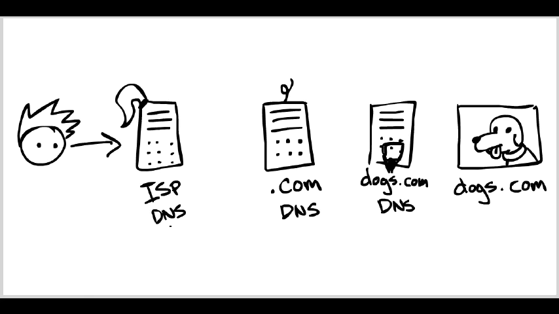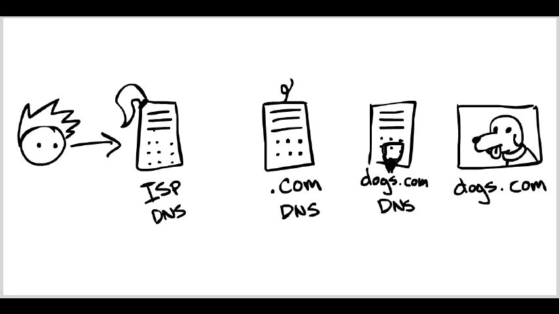Now, in this case, you're going to be asking your local DNS server, which most likely is the DNS server of your ISP, or your internet service provider. Now, every ISP does have one, so if you are at home using Comcast, then you're going to be communicating with the Comcast DNS server to get the information that you need. And if you're on campus, you'll be asking the campus DNS server for this information.